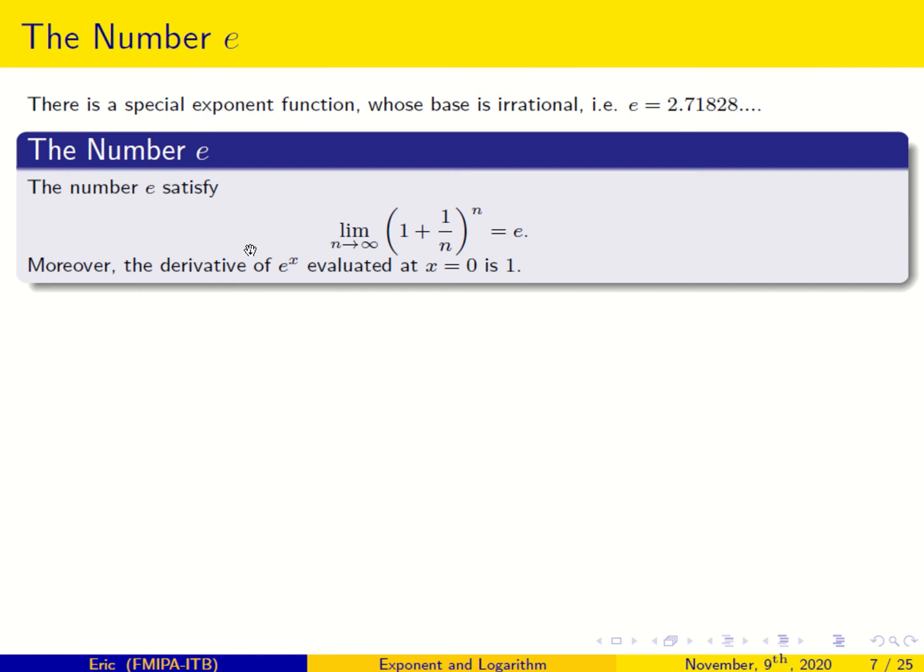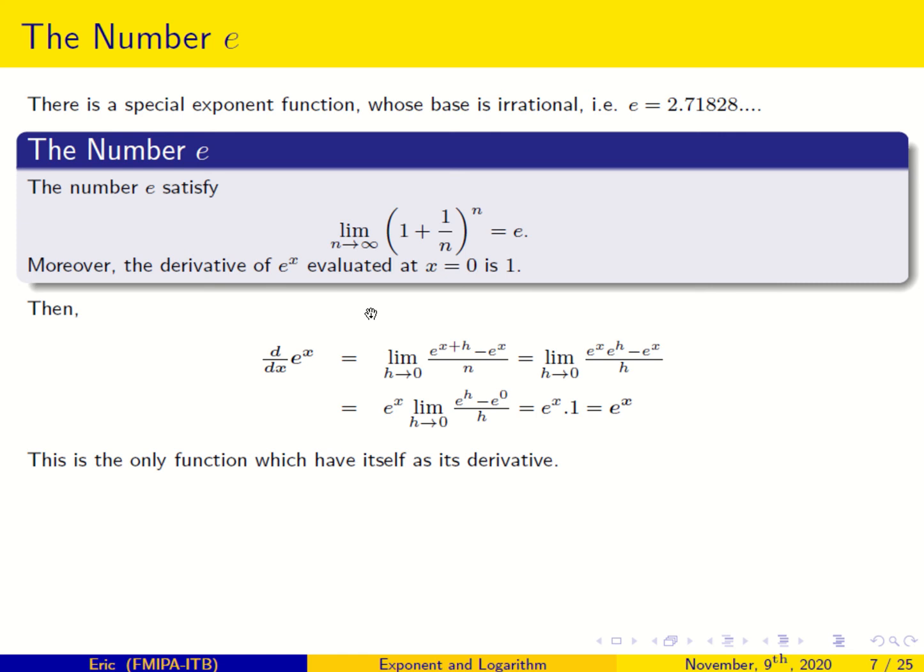And we have a certain property that the derivative of e to the x evaluated at x equals 0 is 1. Graphically, this is the slope of the tangent line of the graph y equals e to the x at x equals 0. The tangent line always has slope 1 when evaluated at x equals 0.